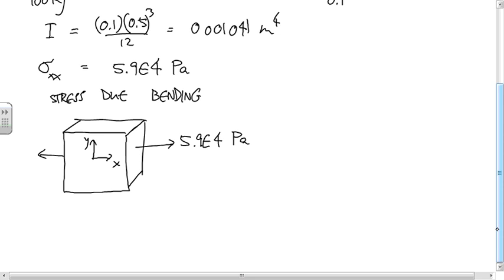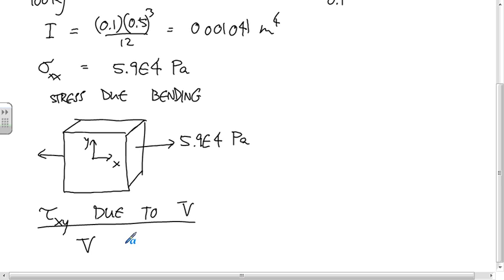Okay, so now we're going to the shear. So now we're looking for the XY stress due to the shear force. And we know that, when we did the internal loads calculation, we got that the shear force is equal to negative 490.5 newtons.